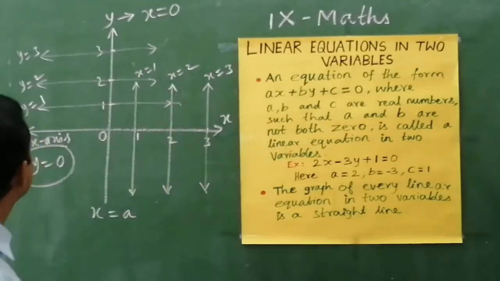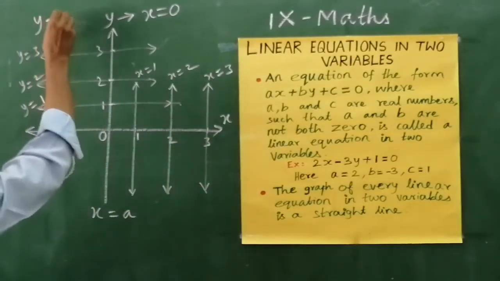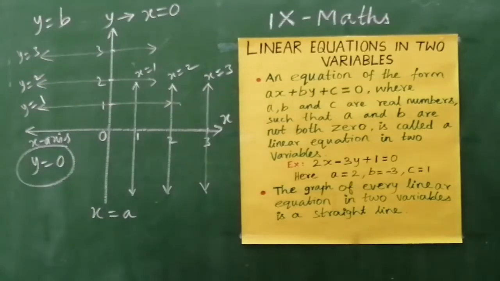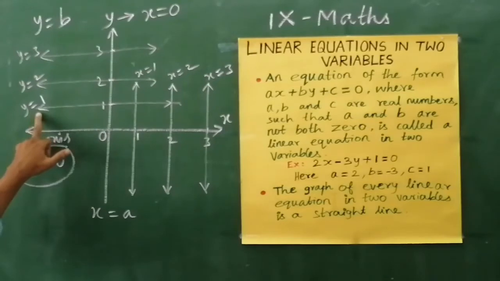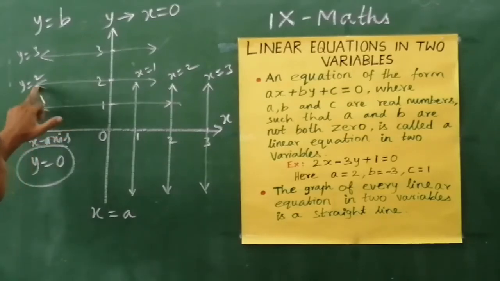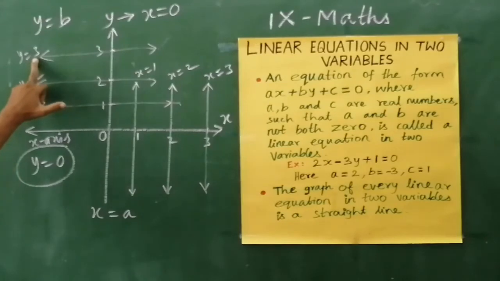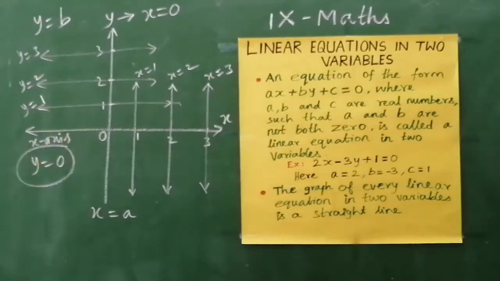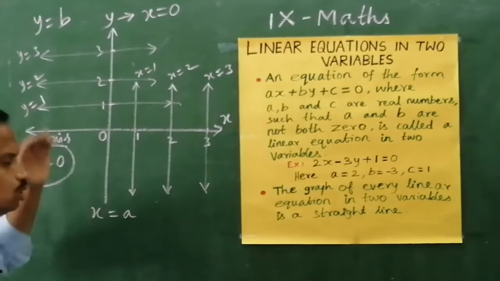In the same way we can say y equals any constant, for example b, y equals 1. If b is 1, then y equals 1 is a line which is parallel to the x axis. If b is 2, then y equals 2 is a line parallel to the x axis. If b is 3, then y equals 3 is parallel to the x axis. So, generally we can say y equals b is the equation of a line parallel to the x axis.